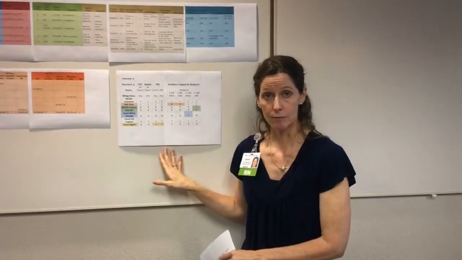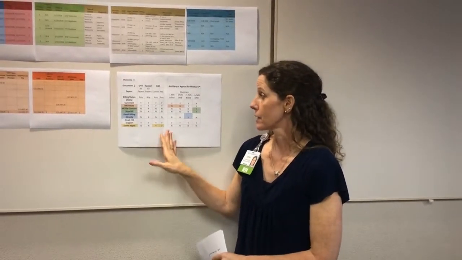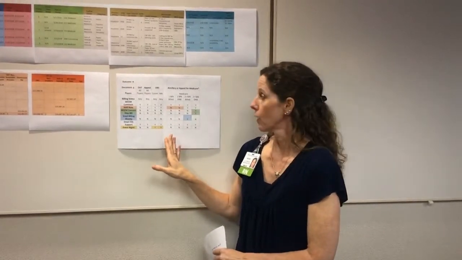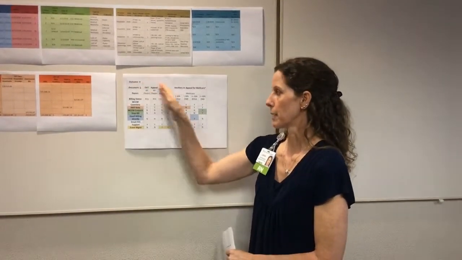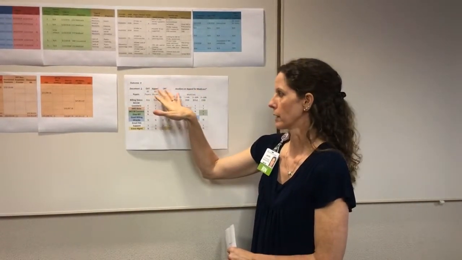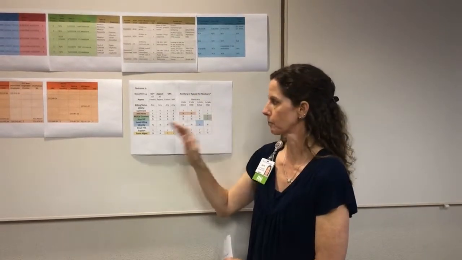This is a separate document. This is a tool, a cheat sheet, to help you keep track of all the different places that you want to document your information regarding a case. And it's based on the outcome and whether or not it's Medicaid or Medicare, who the payer is.